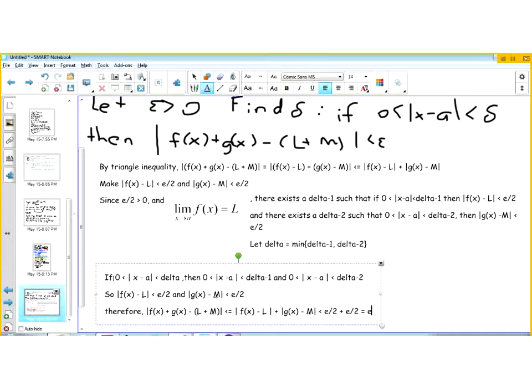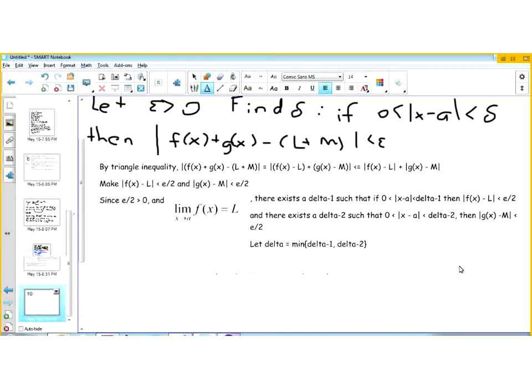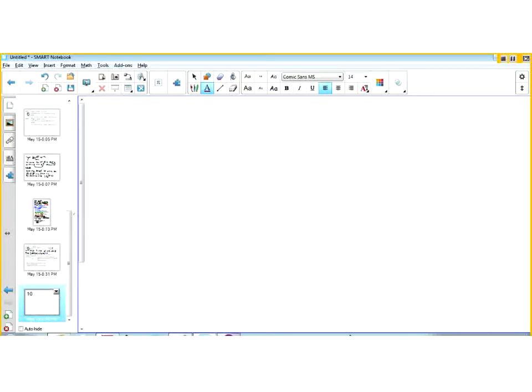So that's a proof of one of the limit laws, and you should be able to do the same thing with subtraction as well. The proof will involve a few minor differences. All right, so now let's talk a little bit about infinite limits, epsilon-delta proofs with infinite limits.